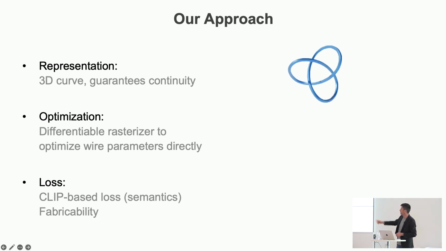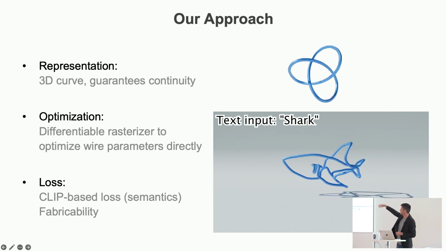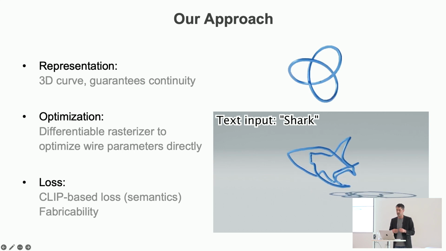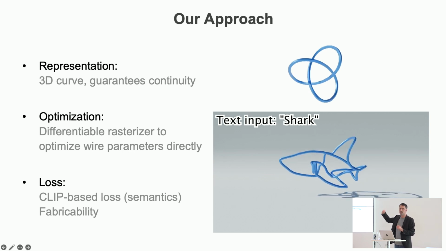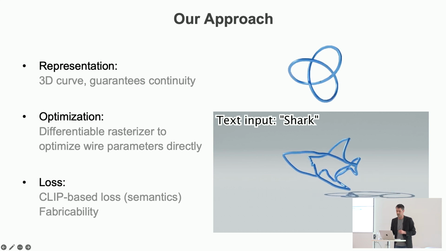And now for the loss, we have a CLIP-based loss, and I'll explain in a second how this works. With these ingredients together, you can go from this text input, for example, to this shark model. And here you see how the optimization goes from this initial curve to the 3D model.